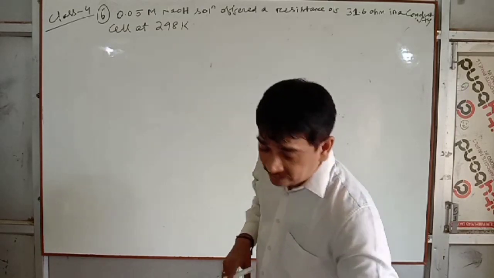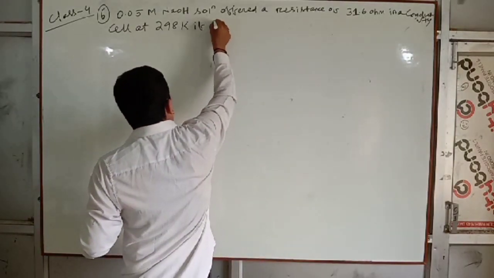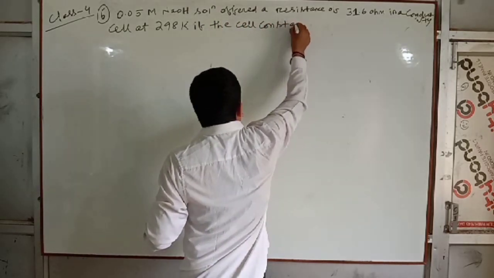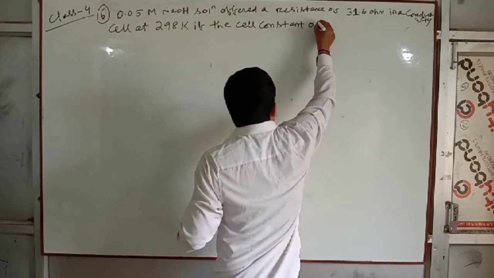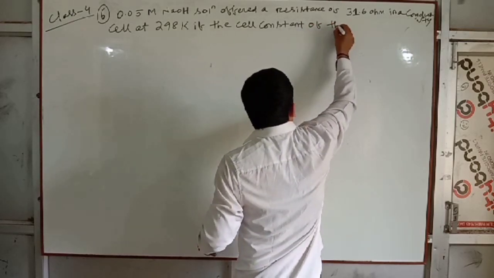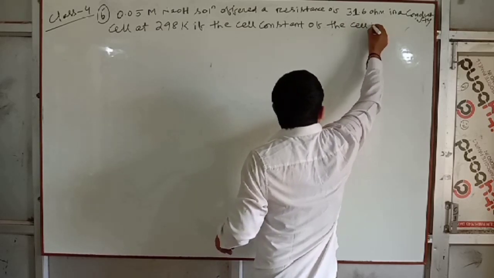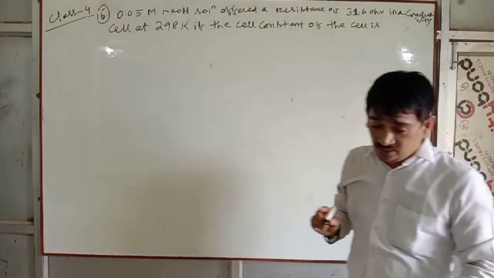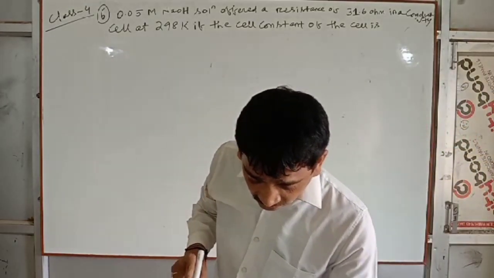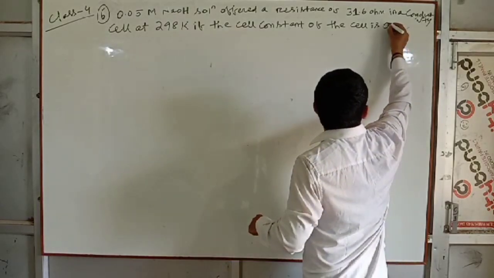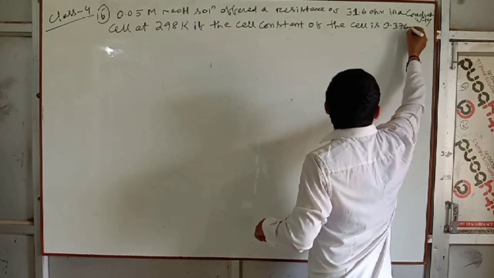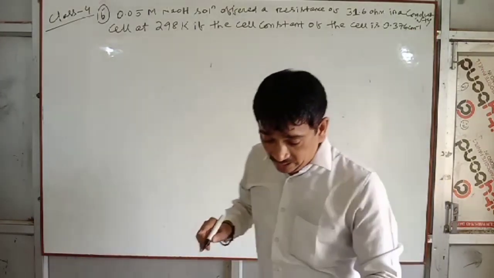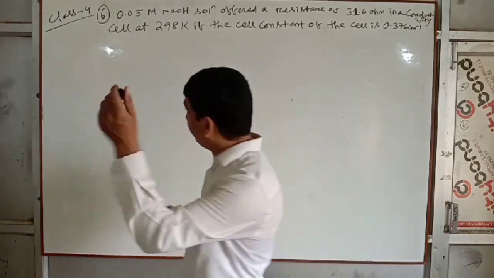If the cell constant of the cell is 0.376 centimeter inverse, calculate the molar conductance.